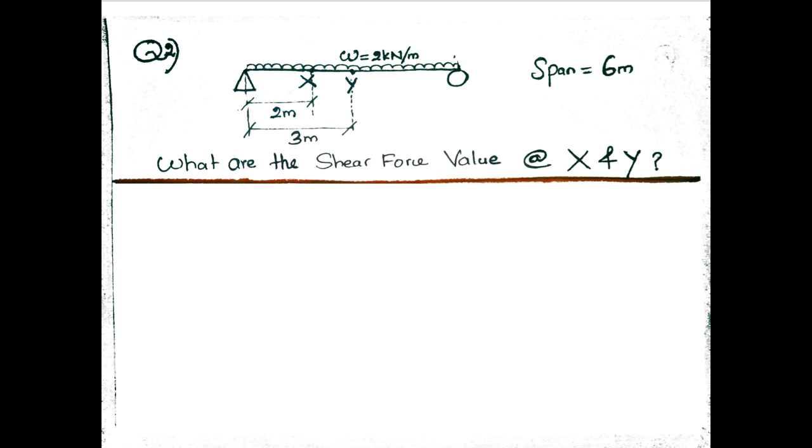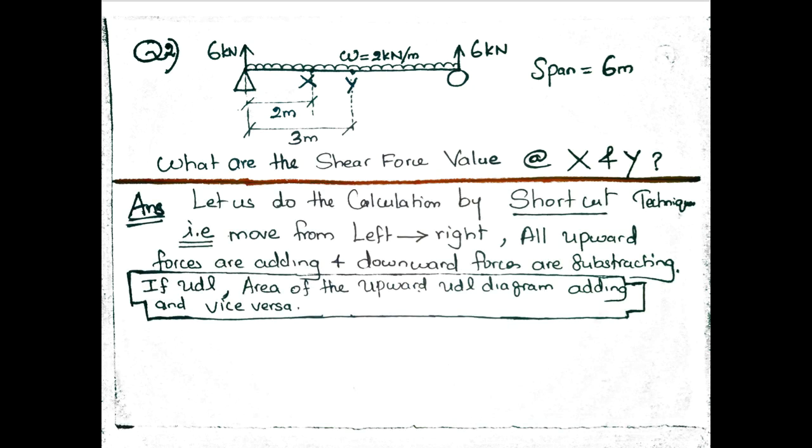Firstly, find out the support reactions. That is essential. Support reaction, this is 6 kilonewton, the other one 6 kilonewton. Check the previous support reaction calculation videos. Answer: let us do the calculation by shortcut techniques, that is, move from left to right.